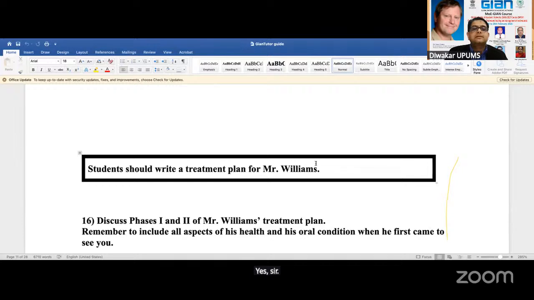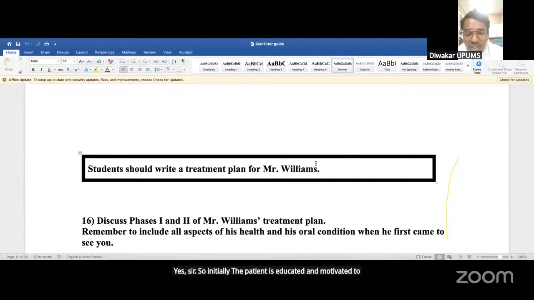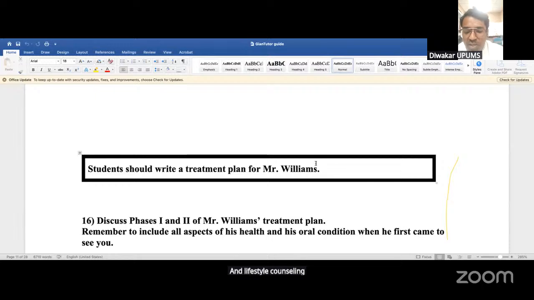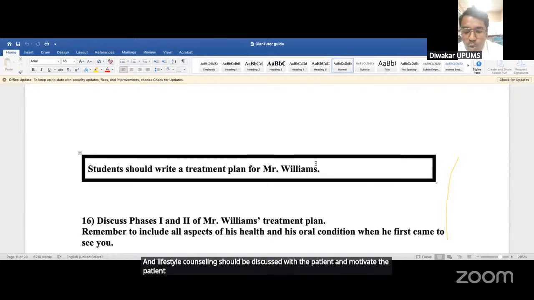Initially, the patient is educated and motivated to maintain their oral hygiene, and lifestyle counseling should be discussed with the patient to motivate them to cease the smoking habit.